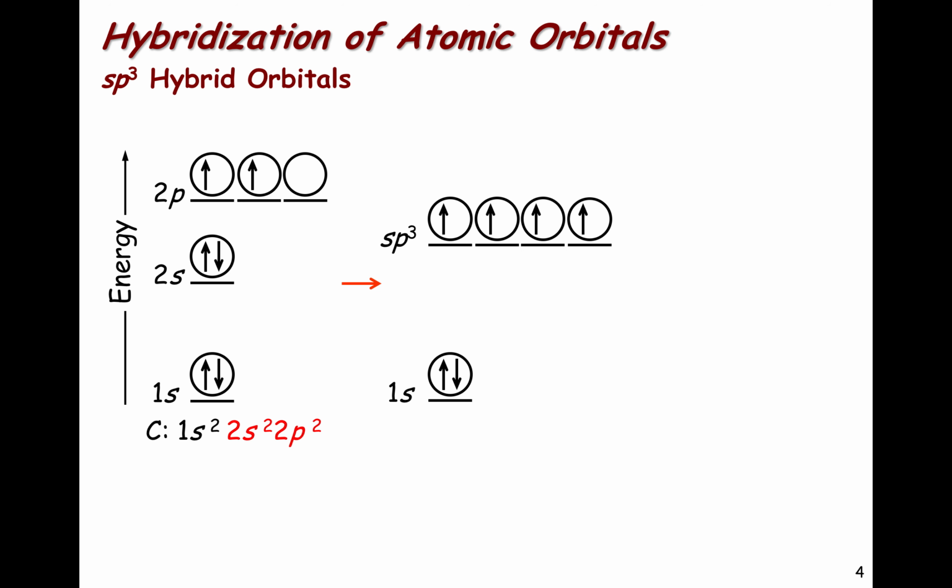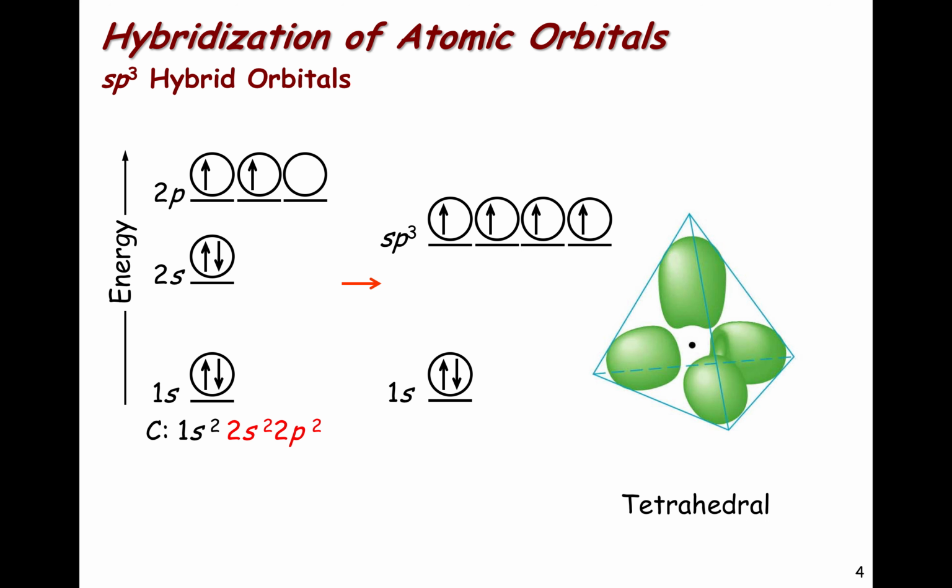Those electrons can then go on to form bonds to other atoms and adopt the so-called tetrahedral shape.